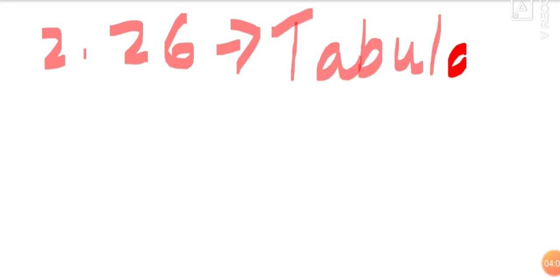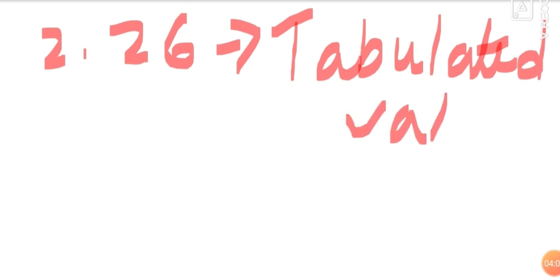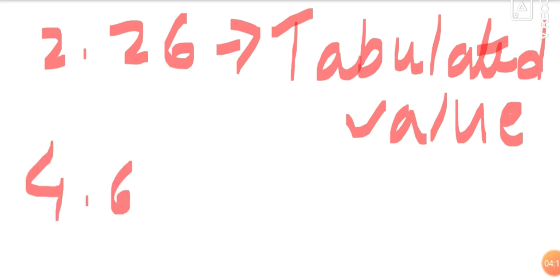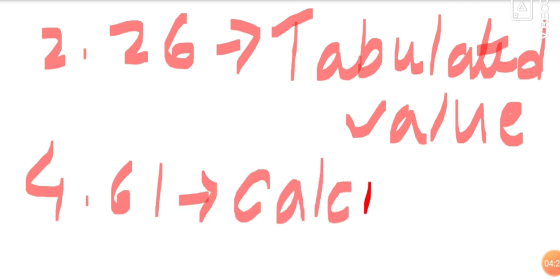So this 2.26 is our tabulated value, because we got this from the table. And previously we got 4.61 by calculating through the t-test, so that was our calculated value.